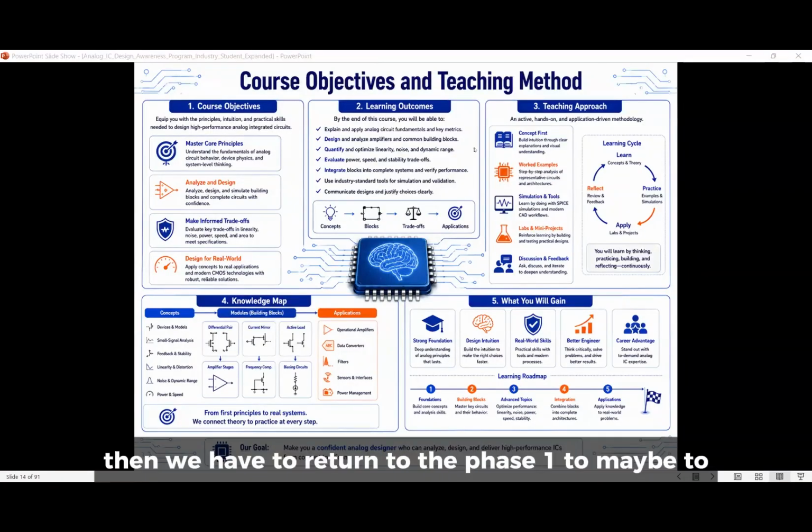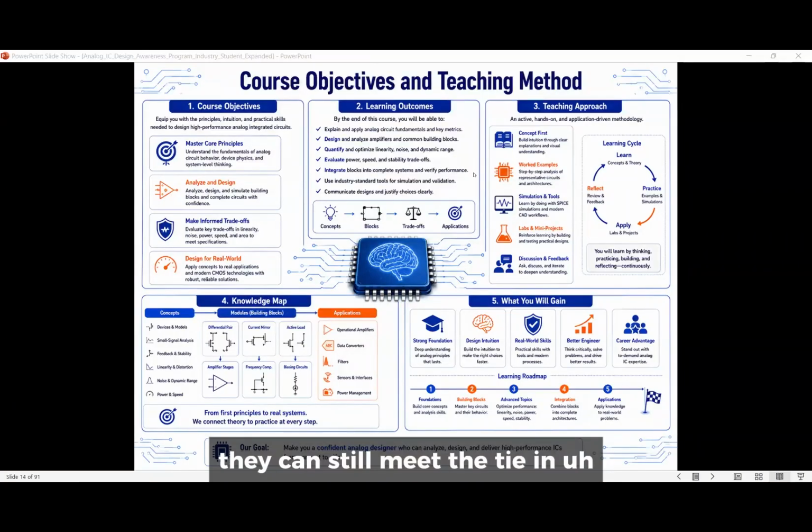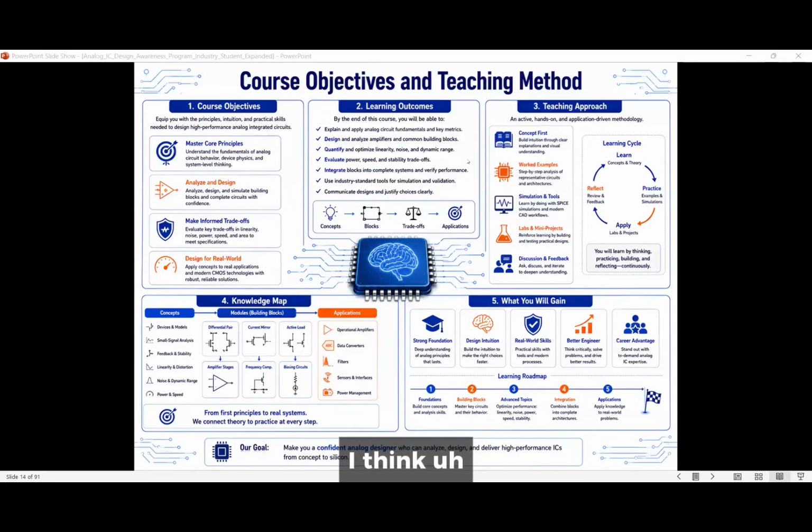Then we have to return to phase one to tune each block so that after integration, they can still meet the timing requirement. This is more challenging for high frequency design.